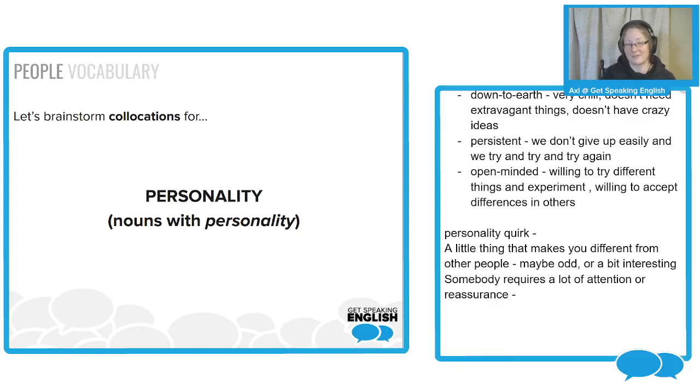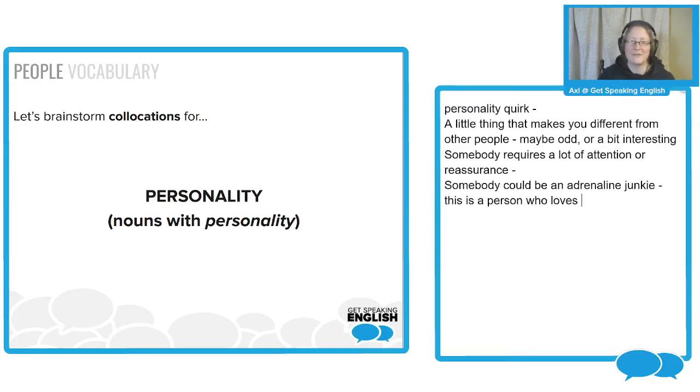That could be their personality quirk, or maybe somebody could be an adrenaline junkie. So this is a person who loves maybe dangerous sports, or fast-paced activities. So an adrenaline junkie. Yeah, so this could be a personality quirk that somebody might have.